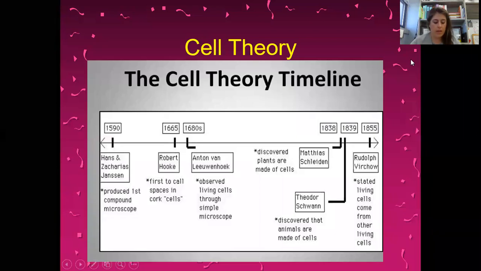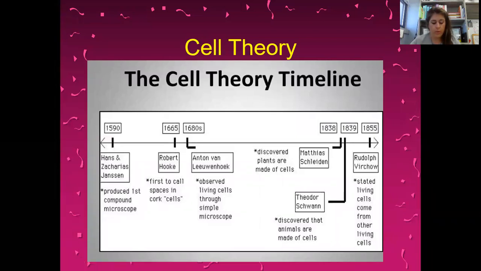So that should help you answer 1 through 5 on your review sheet. So the first person to observe living things he called animalcules would be Antoine van Leeuwenhoek. Who proposed the idea that every living cell comes from another living cell would be Rudolf Virchow. Who proposed the idea that cells are the basic unit of life in animals would be Theodor Schwann.